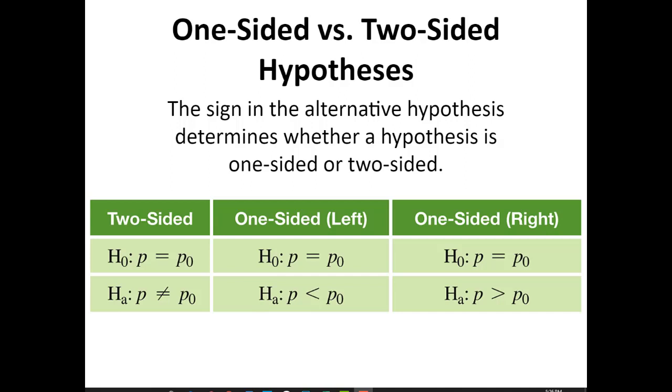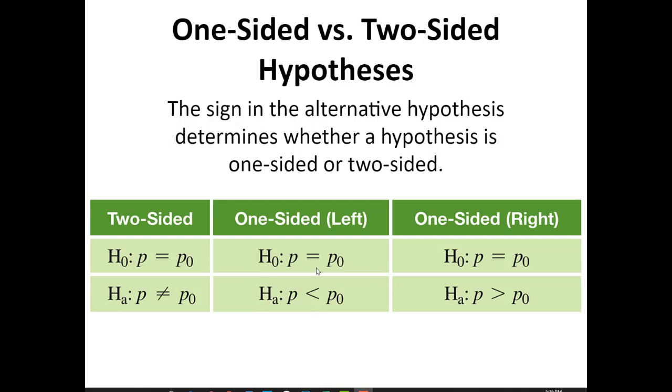So with a two-sided test, you're looking to reject the null of no difference if your result, the proportion in your result, is either much lower than the one that's expected in the null hypothesis or much higher than what's expected in the null hypothesis. For a one-sided left-tailed test, you are concerned with values that are much lower than what is expected in the population proportion.